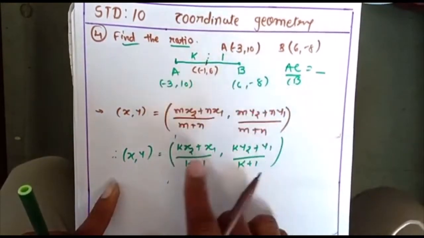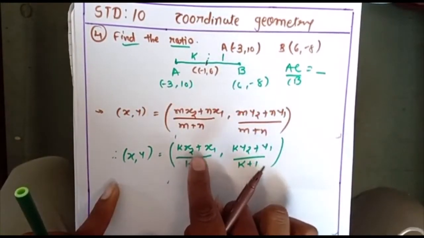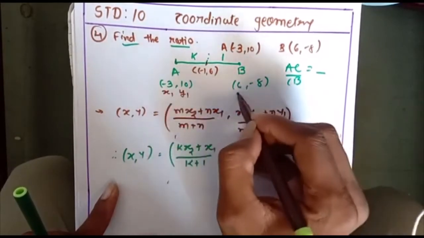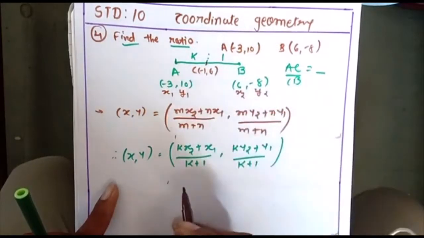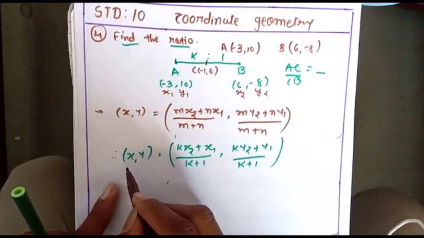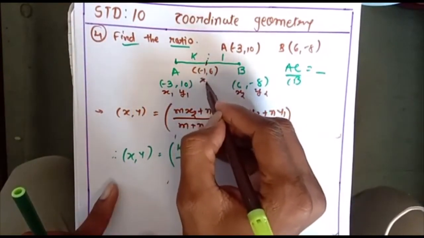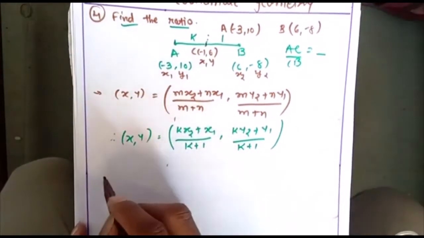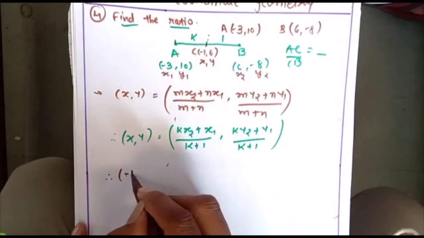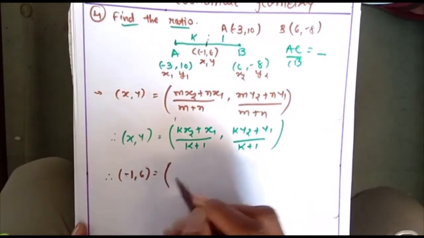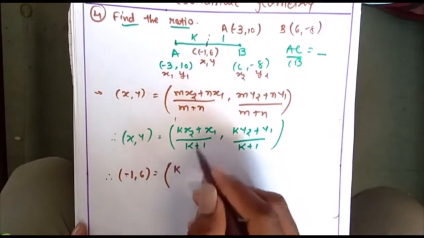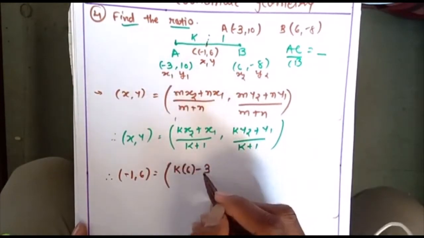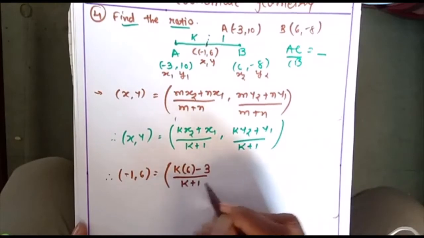Here A and B are given, so we have x1, y1, x2 and y2, and C is nothing but (-1, 6). It means x and y. Now putting this value, x, y is (-1, 6), k unknown, x2 is 6, so (6k minus 3) divided by (k plus 1).